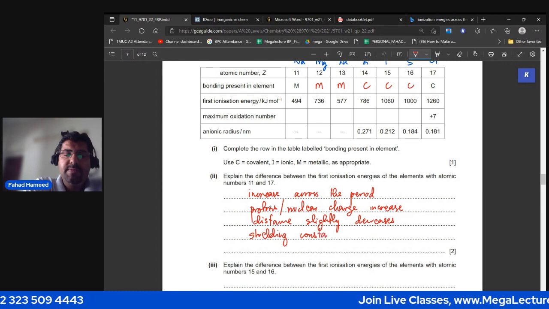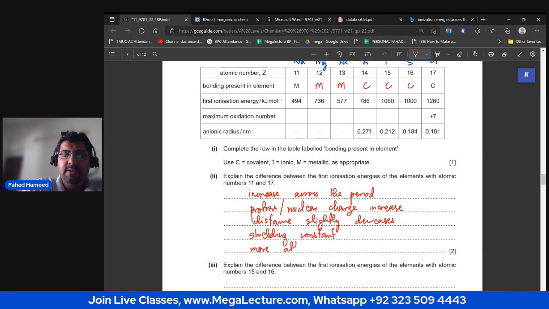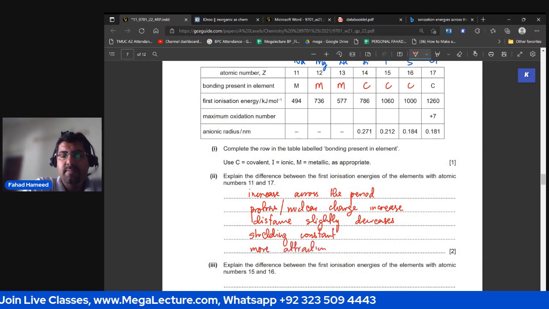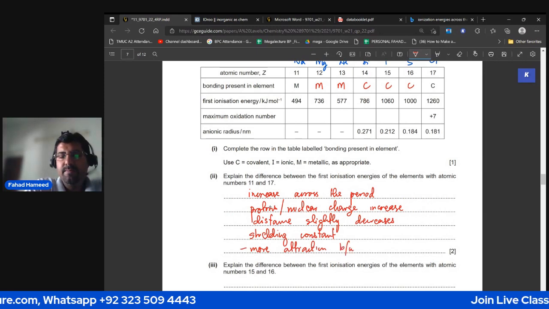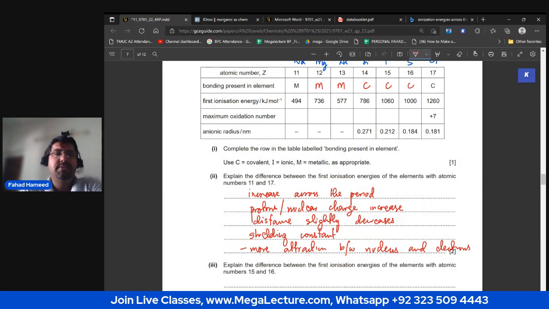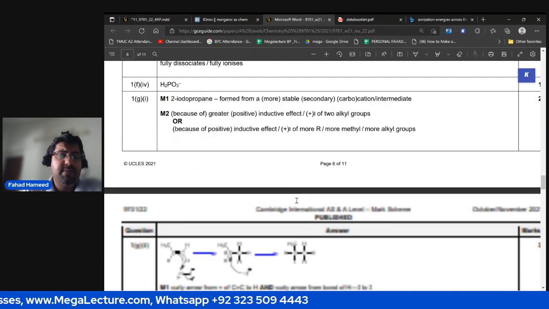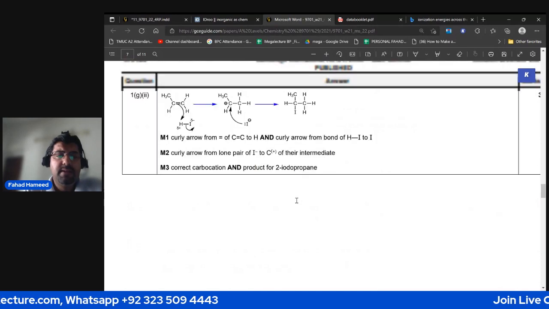Because of the above factors, there's more attraction between the nucleus and the electron. And remember to write this last point: more attraction between nucleus and electrons. It's a 2 mark question, so you'll just get marks for 2 of the points, but we'll answer that as fully as possible.